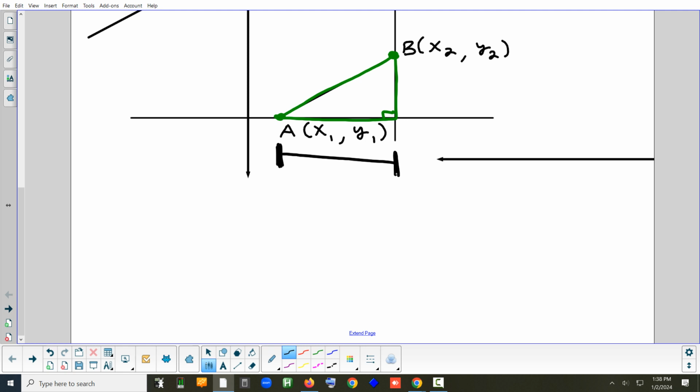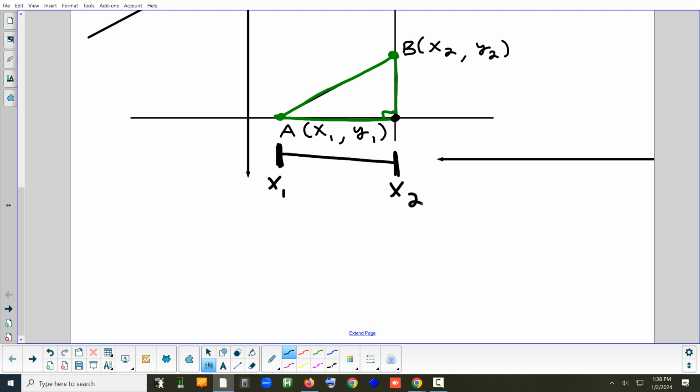So where does this point start on the x-axis? The point is A, but what's the part of the coordinate that tells you where it starts? x1. So we start at x1, and the stopping point on the x-axis is x2. This doesn't have anything to do with the y's yet.